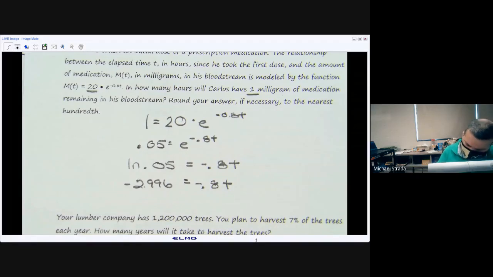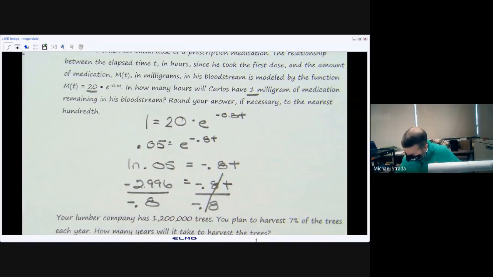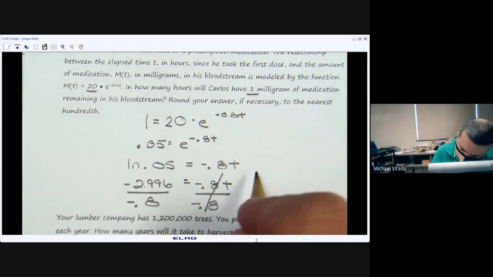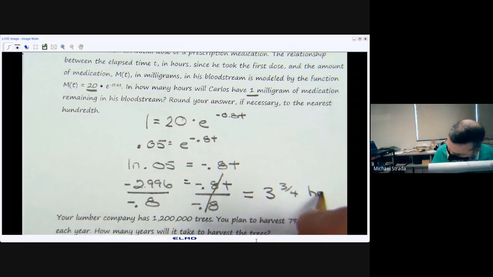And then to get rid of the multiplication by negative 0.8, we divide by negative 0.8. Cancels that out. And approximately 3 3/4 hours. That's about 3.74.